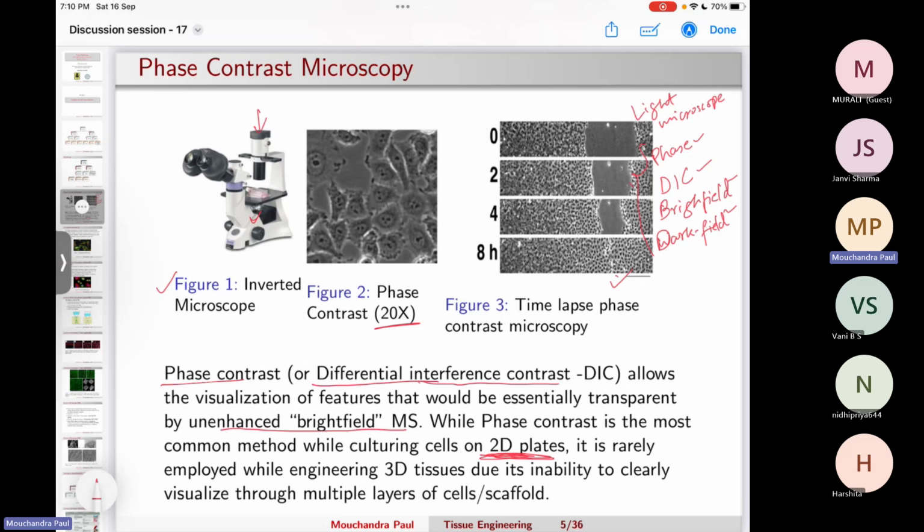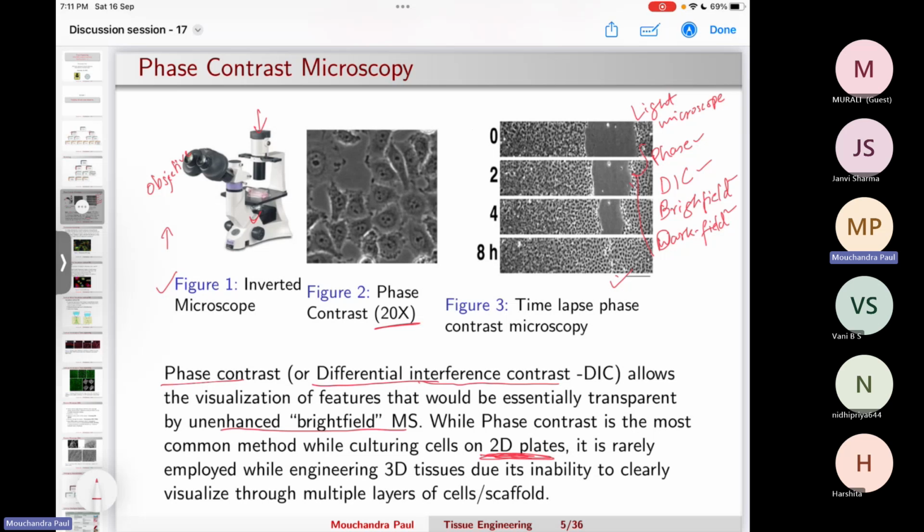Another kind of microscope is the one that you might have seen in general biology labs, or even in other places where they are not working with cells. They generally have their objective lens at the top, and the light is coming from the bottom.